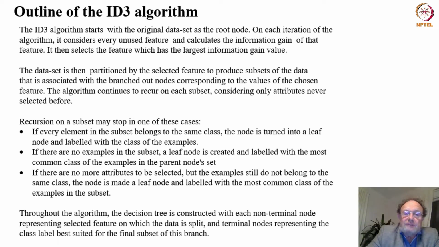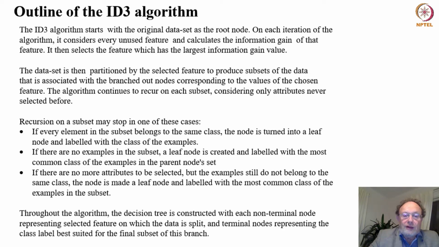Recursion on a subset may stop in one of these cases. Case 1: if every element in the subset belongs to the same class, the node is turned into a leaf node and labeled with the class of these examples. If there are no examples in the subset, it's an empty set, a leaf node is created and labeled with the most common class of the examples in the parent node's set.